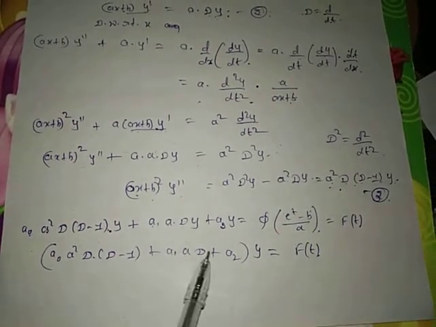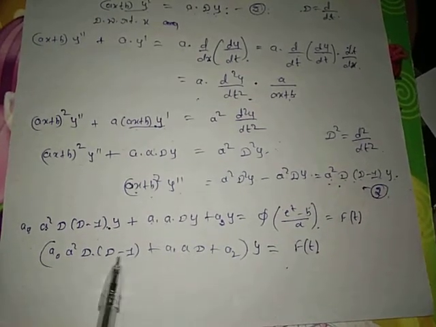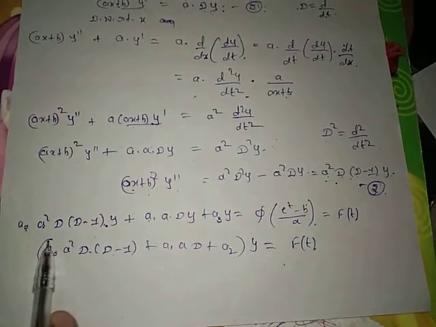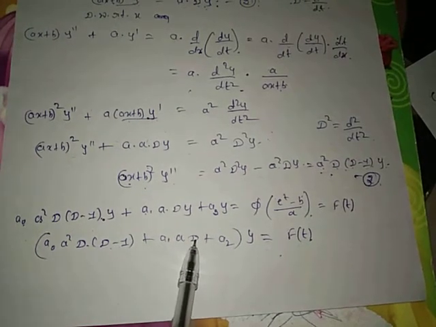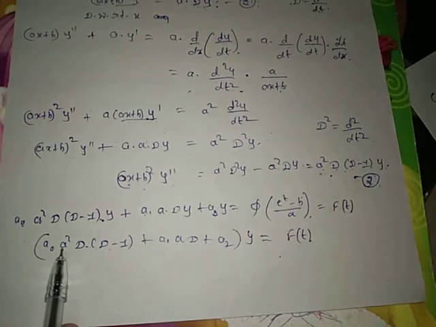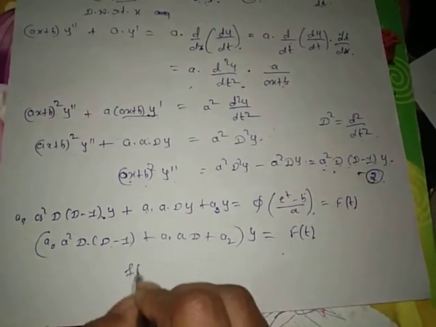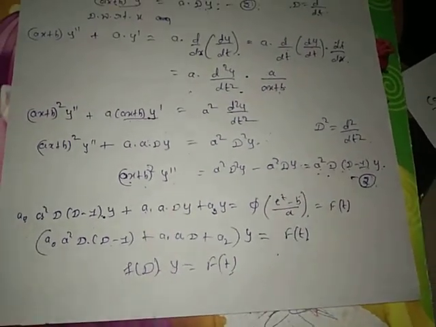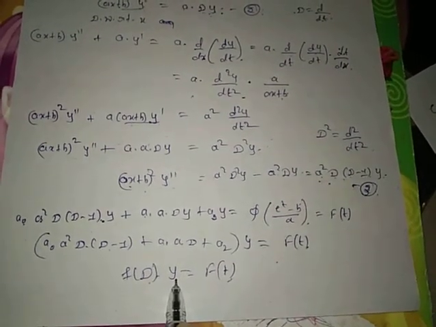A0, a1, a2 are constants, and the remaining are only the variable d. So the coefficients are converted to constant coefficients. You can see here a1 a is the coefficient of d, and d minus 1 has the coefficient a0 a square. So all are constants. So this will be the equation of the variable t. So that is reduced to the differential equation with constant coefficients.